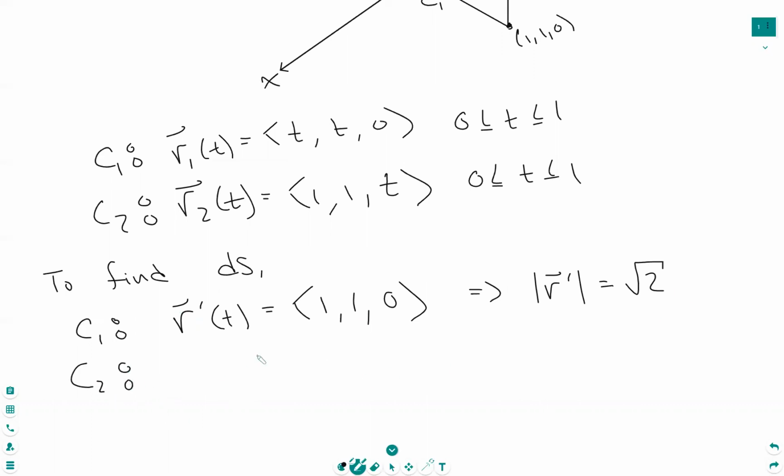On C2, we should put our subscripts here. So R2 prime is 0, 0, 1. And the magnitude of this vector is just 1.